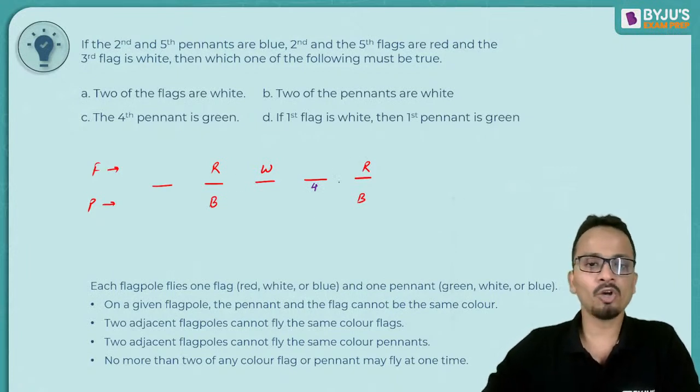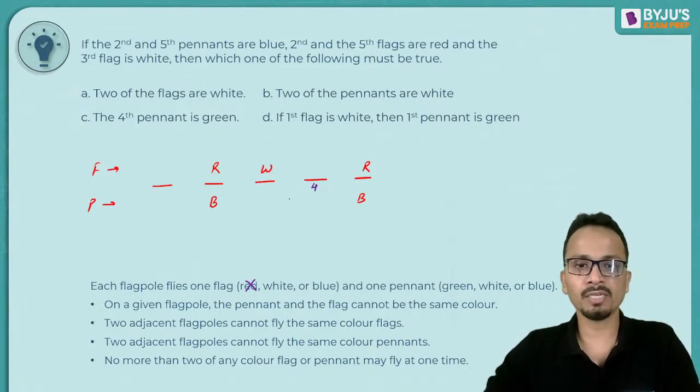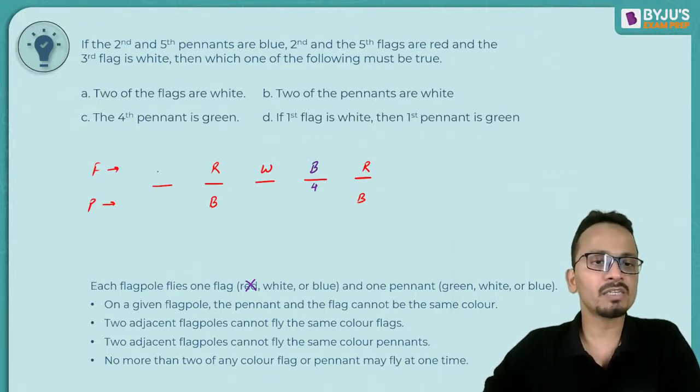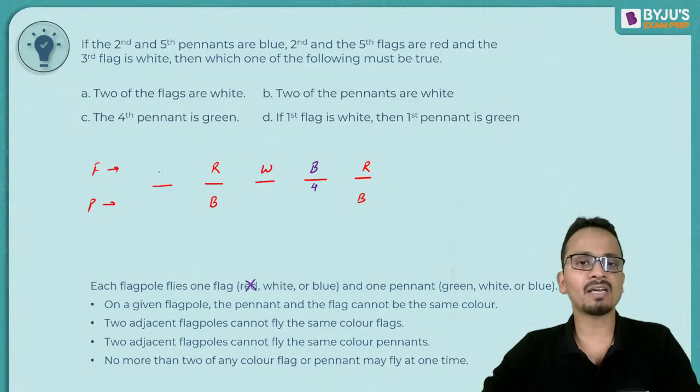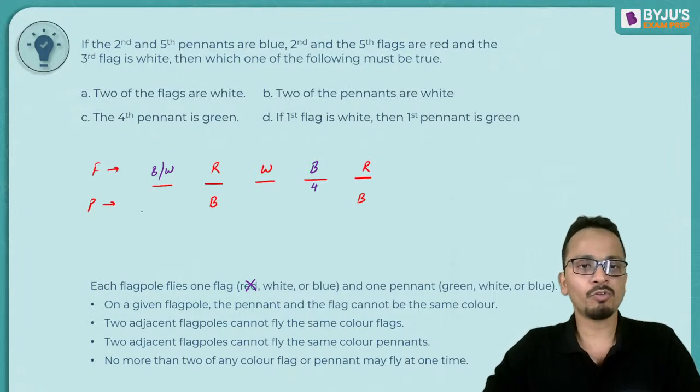Now red already दो red हो चुके हैं, so red cannot be used again as the color of the flag. Red cannot be used again. Okay, white already third पे है तो white fourth पे नहीं आ सकता, so it has to be blue color. Okay, now first pole, the flag color can now be either blue or white.